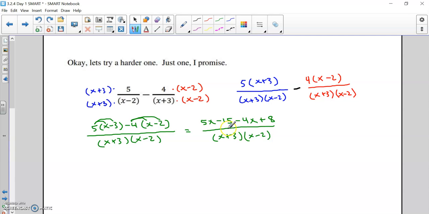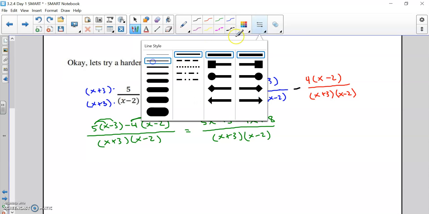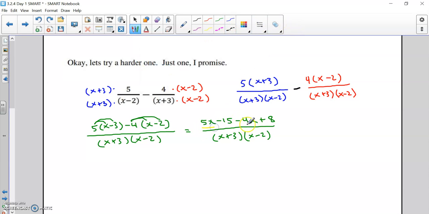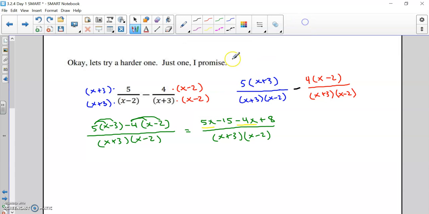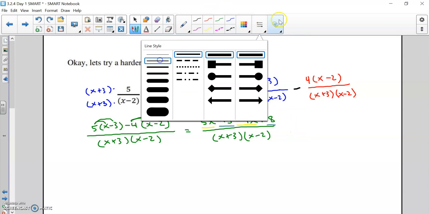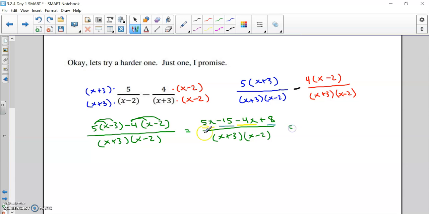Okay, just one last piece of simplifying, because we can combine the 5x and the negative 4x, and we can also combine the negative 15 and the 8. So the 5x minus 4x, that's going to give us a 1x, because 5 minus 4 is 1.